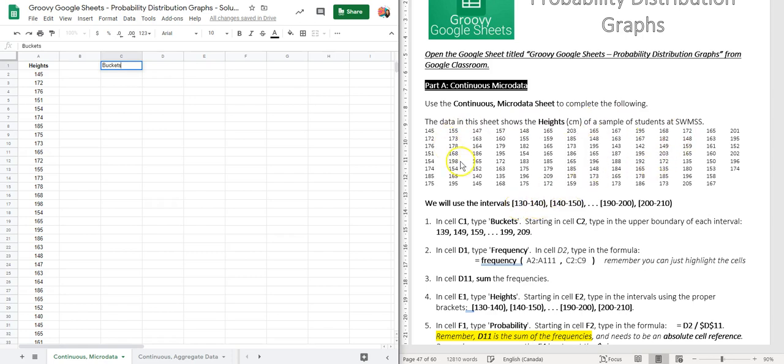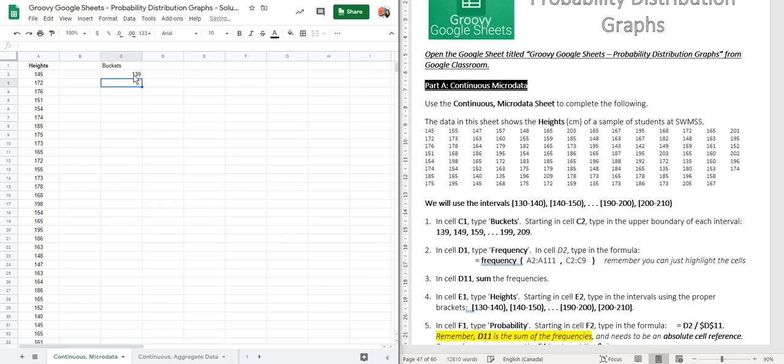Now if your data had decimals and there was something like 139.5, then you could just make this 139.9 or 139.99 or 139.999. But because we don't have decimals, we can just type this in as 139.